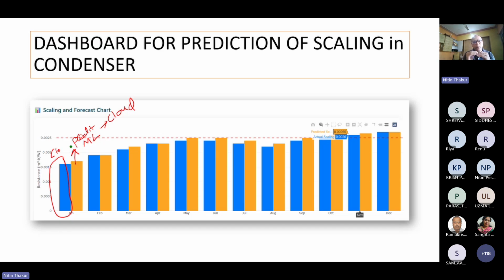So that threshold is designed or defined by the chemical engineer. So this is what we are doing at AB Engineers as part of our vision for reducing CO2 emissions.